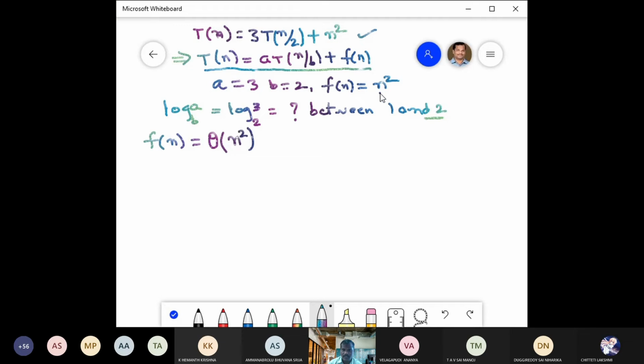Yes or no? So what is the c value here? c is greater than 0.